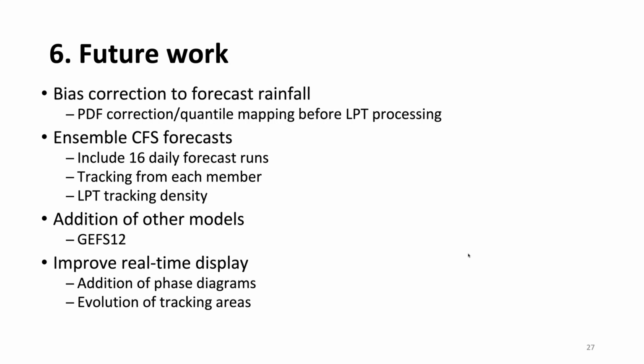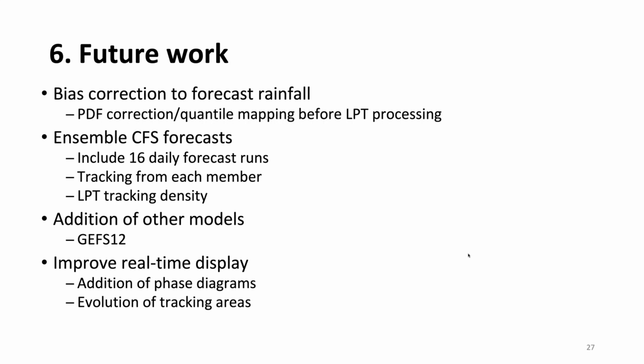However, if we look at the middle row, the model tends to produce a smaller amplitude compared to the observation for the larger precipitation range. So this means we need a lead time and amplitude dependent rainfall bias correction before the LPT processing. Hopefully this bias correction will lead to a better scale for LPT forecast.